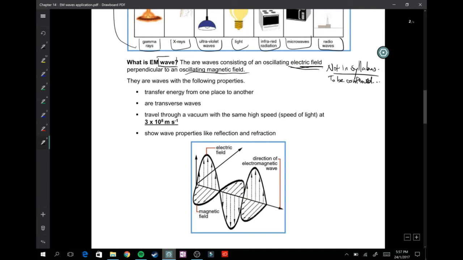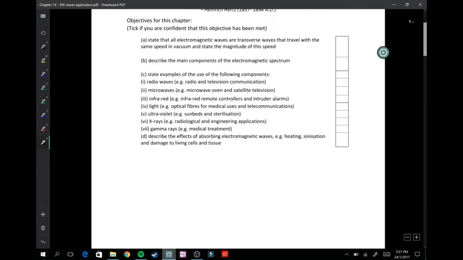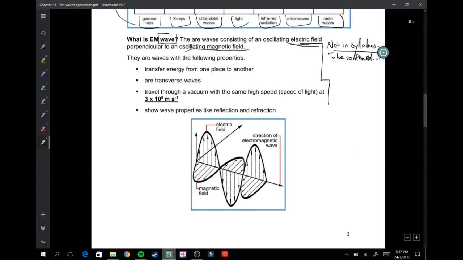Right now we are at chapter 14, just 6 more to go. Now these 4 properties, let me label them as 1, 2, 3, and 4. Please go and memorize them. They transfer energy from one place to another, as with all waves. They are transverse waves, which means the oscillations are perpendicular to the direction of travel.